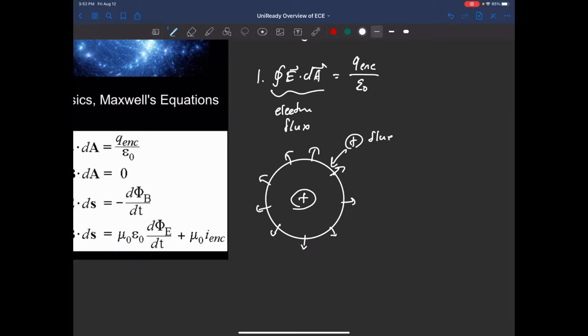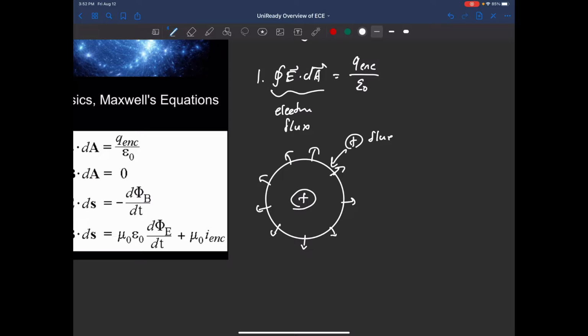So flux is defined for any surface. Flux isn't some vector that exists in nature. It's literally a quantity that we defined for any surface so that we can understand these laws of nature.